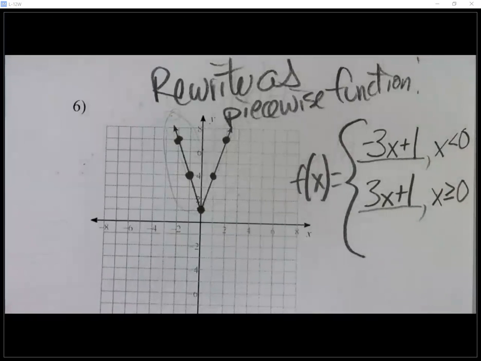Should we practice one more piecewise? I figured. Okay, so I'm just going to pick a random one from a worksheet that we have done before. Yes, I've got this one here. So let's do. Give me a second.